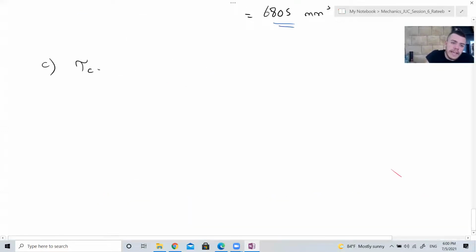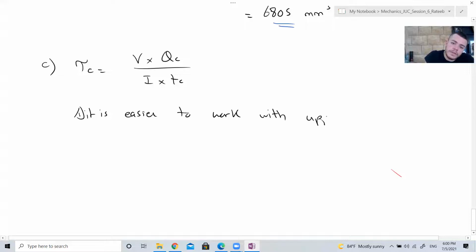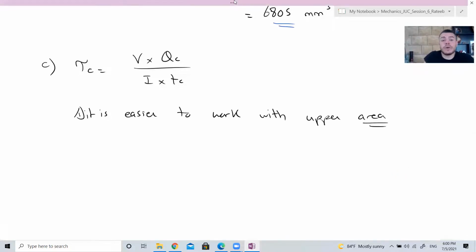So here tau c again is V times Q over I times t. It is easier to work with the upper area.